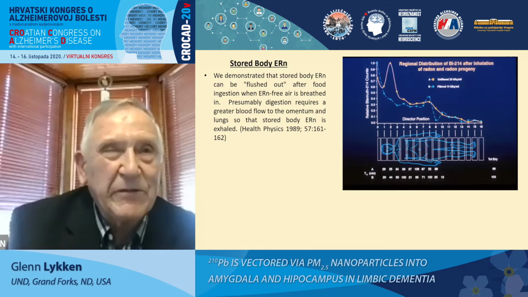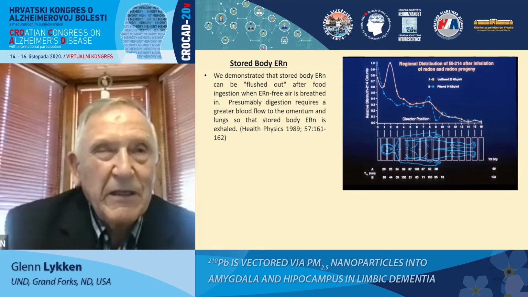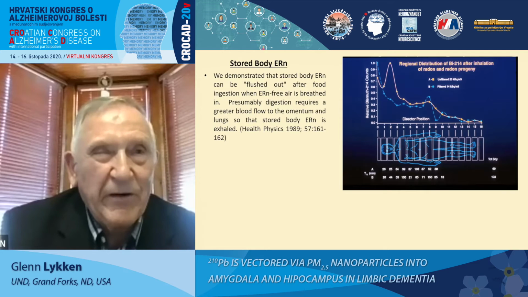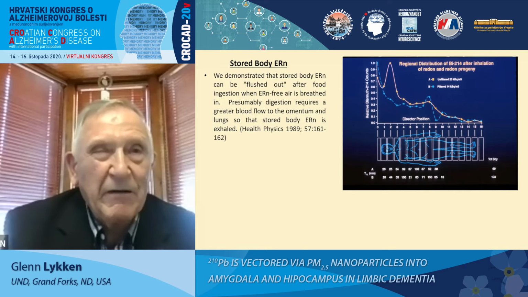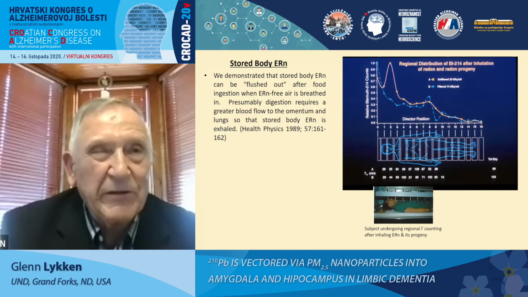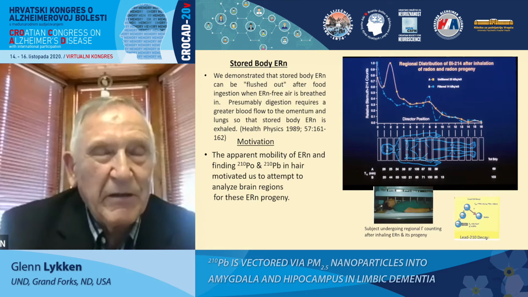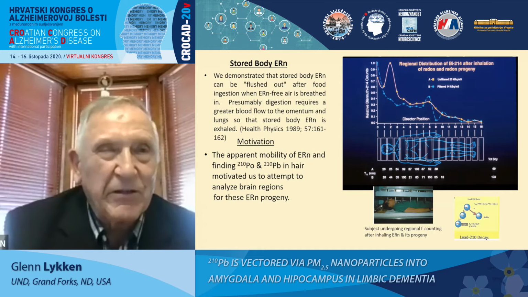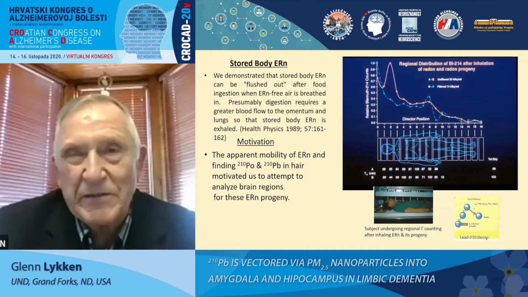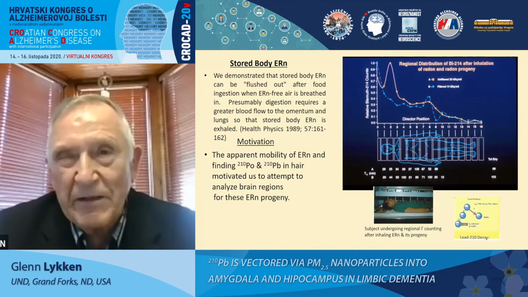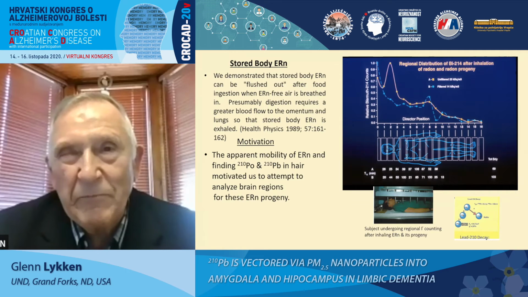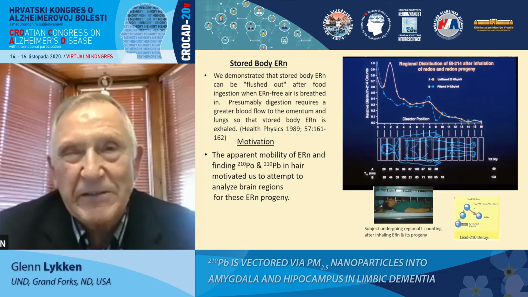Now, we demonstrated that the body can flush out radon. I went to a room that had high radon in it, and then I had a measurement. Then I had breakfast, breathed in some radon-free air, and we were able to flush out the radon. Notice the graph: the one with the sharp peak over the mouth didn't have a mask on.